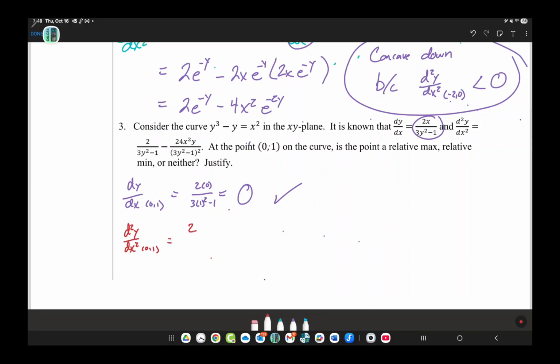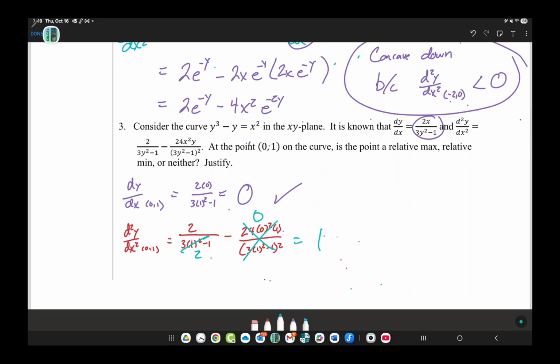That gives you 2 over 3y squared minus 1 minus 24x squared y over (3y squared minus 1) squared. Plugging in values: 0 squared times 1 over (3 times 1 squared minus 1) squared. Again, the nice thing is this whole second term is just 0. So 1 squared is 1, 3 times 1 is 3, 3 minus 1 is 2. So we get a positive 1.